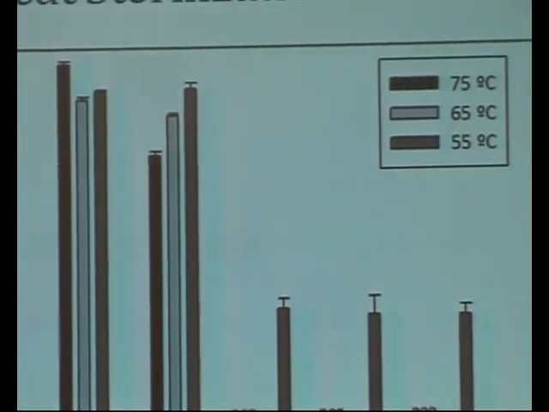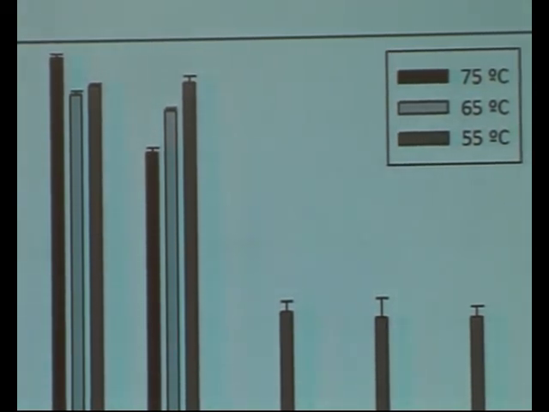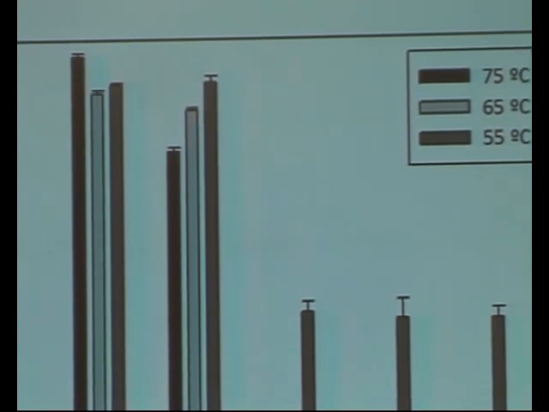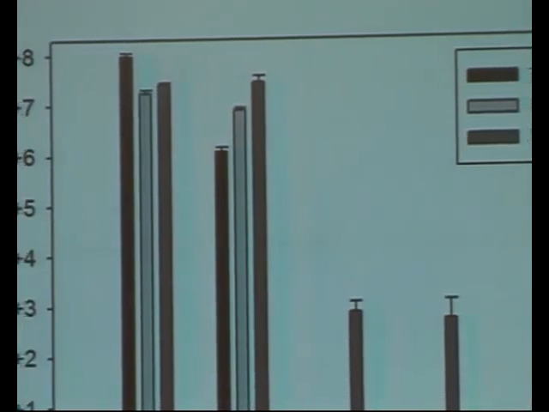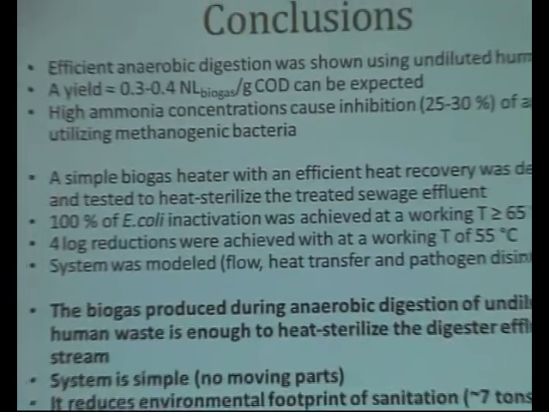When the heat is at 75 degrees, we don't detect any pathogen after the heater or after the effluent. The cumulative sample is that we put all the effluent in one bucket and we make a measurement from there. And even at 55 degrees, we get 4-log reduction in the system.